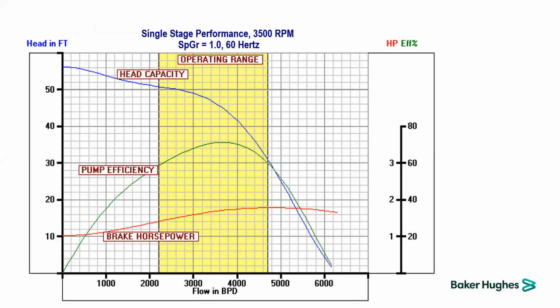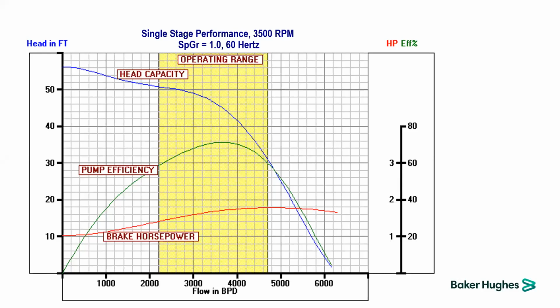So with that pump, we can clearly identify what is called the operating range or ROR, recommended operating range. That pump can be utilized to produce between 2,200 up to 4,700.